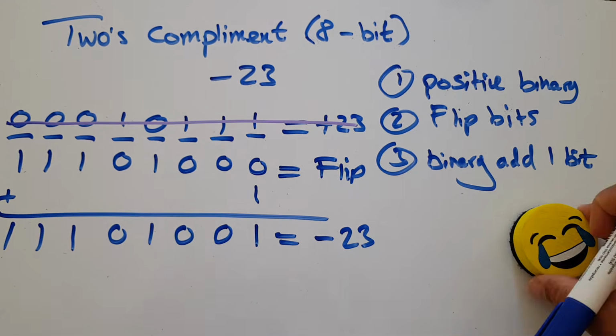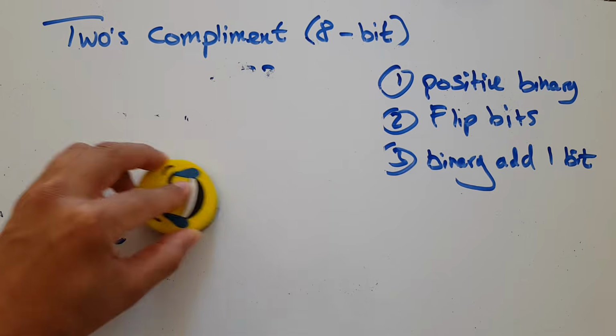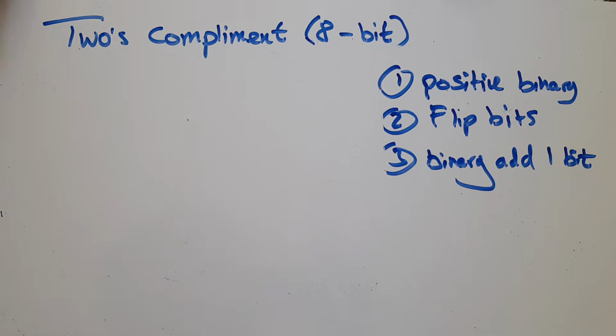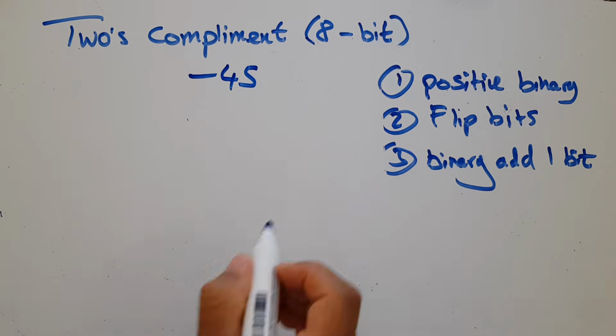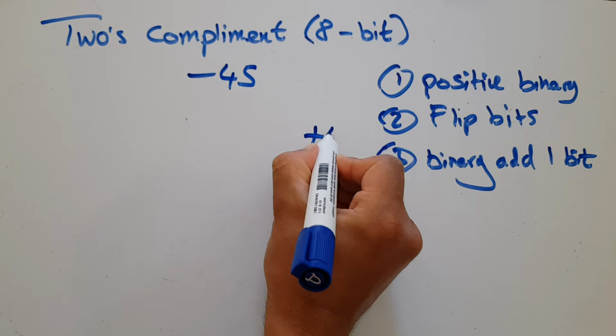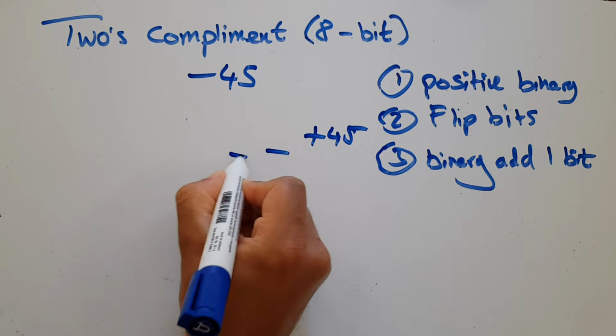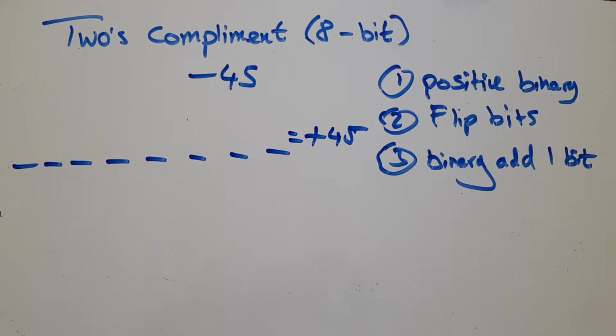Let's try another example. Let's try minus 45. So step 1, positive binary. So I need positive 45. 1, 2, 3, 4, 5, 6, 7, 8.